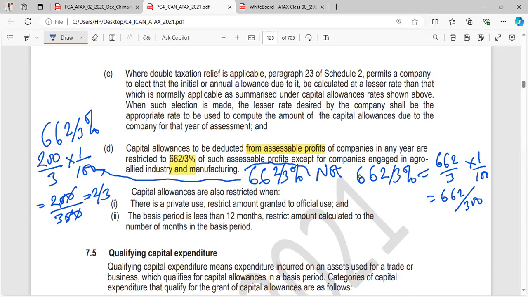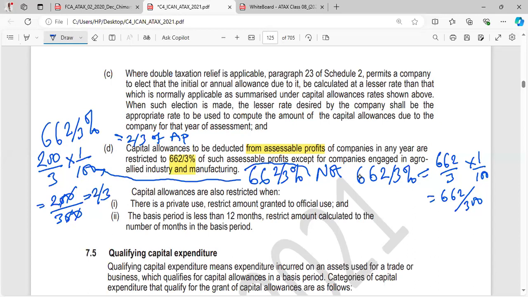So this is what they mean when they say 2/3 of accessible profits. The law says it is 66 2/3%. When we change it from percentage to fraction, it becomes 2/3.